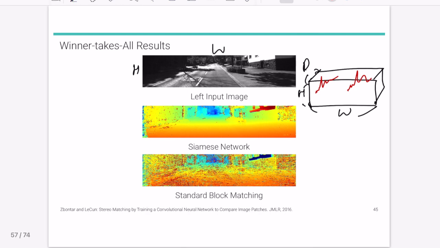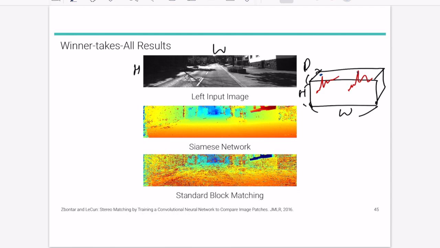But anyway, when we pick the best for each pixel, it's going to be like this, which is the result of the winner-take-all, or just called the WTA.